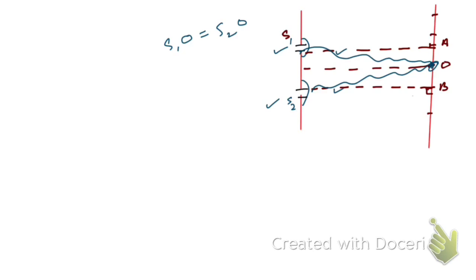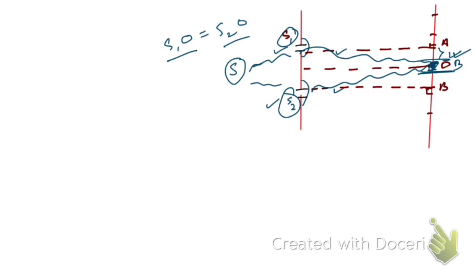These two waves actually originated from the same source of light, as these two holes act as coherent sources. So at this point we're going to get constructive interference. That means we're going to get the bright fringe, and this is the position of the central bright, as O is equidistant from S1 and S2.